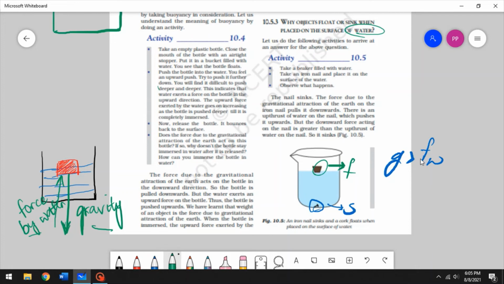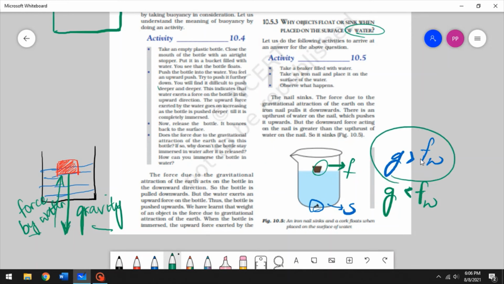And why did the piece of cork float? Because the magnitude of the force of gravity was less than the force exerted by water. Think of it like a tug of war. One side is gravity, one side is the force exerted by water. Because the force exerted by gravity is more, the nail sank, right?